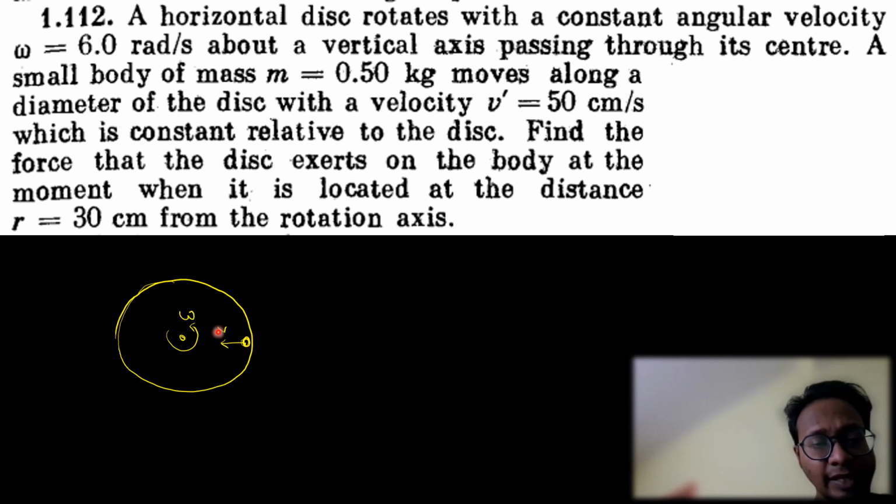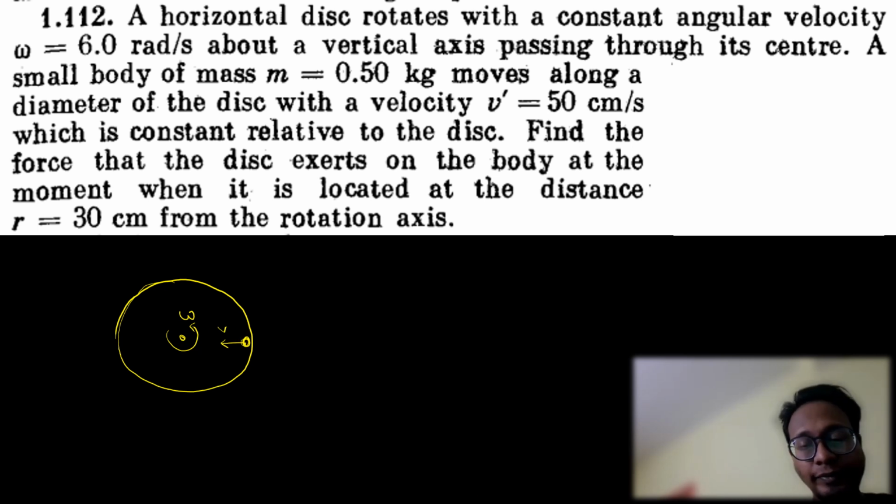That means some groove is kept which is forcing this particle to move along the diameter of the disc. Now the question is asking, find the total force acting on this particle.